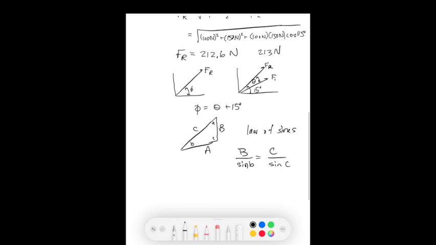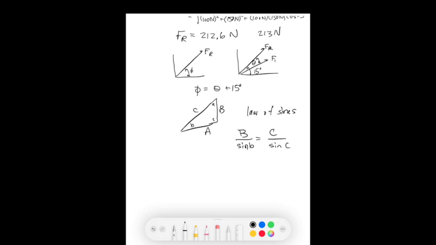And we see then that B here would be F2, right? F2, F1, and Fr. Okay.